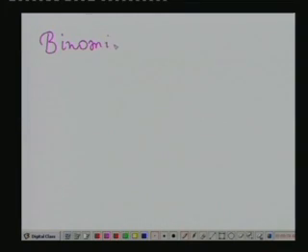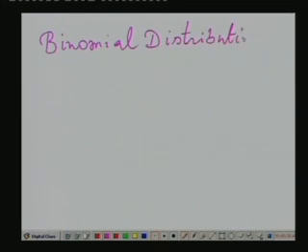Consider the discrete case. Suppose that there is a random variable, let us consider what is called binomial distribution. Okay. Suppose there is a random variable x.